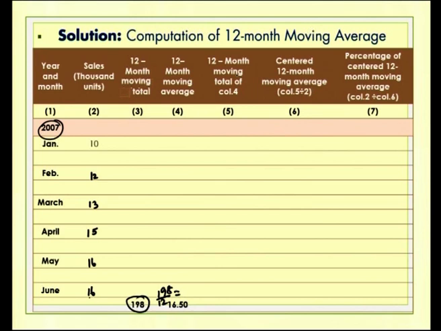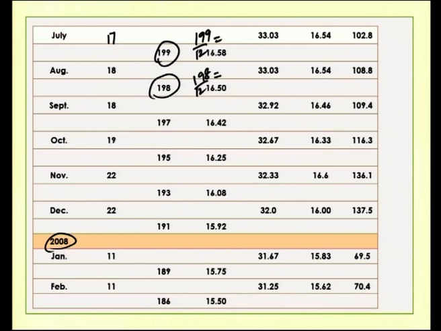Moving total means you have to adjust, and the 16.5 is not representing any month, right? It is written just in between June and July, it is not representing any month. The values 16.5 and 16.58 have to be centered.